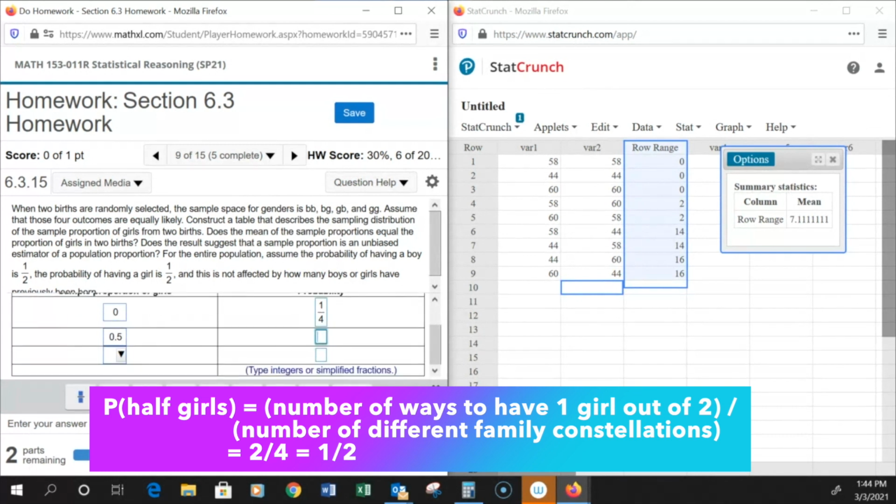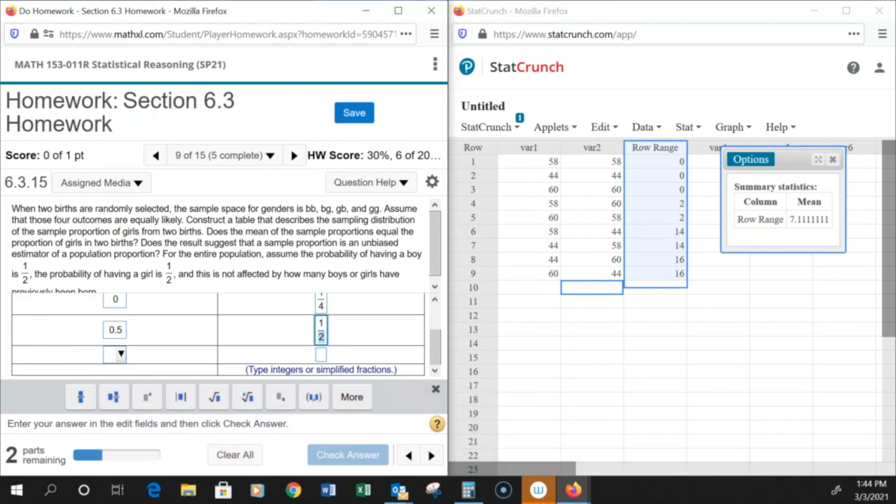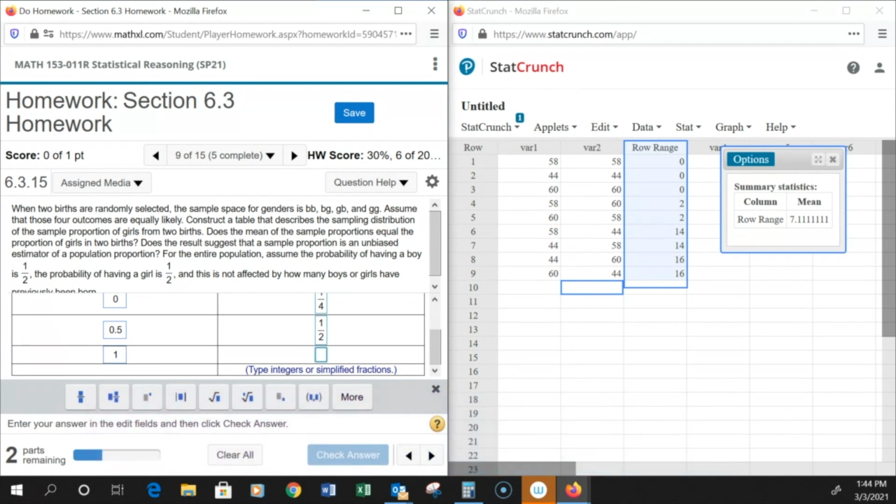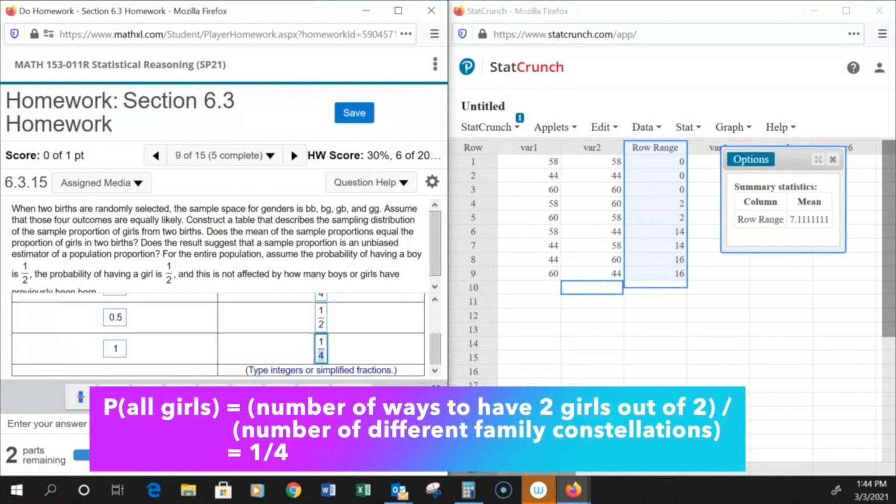So it's 2 out of 4. They want me to simplify here, so I'll put 1 out of 2. And then what's the third possibility? The third possibility is you have 100% girls. So that's a 1, and there's only 1 possibility of that happening out of the 4. And so there's your little table.